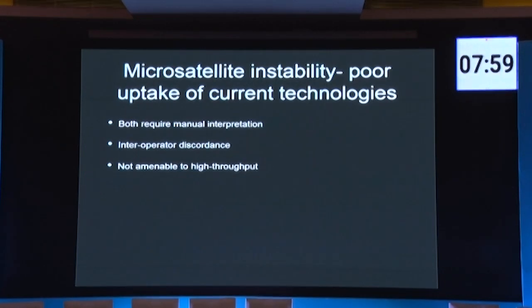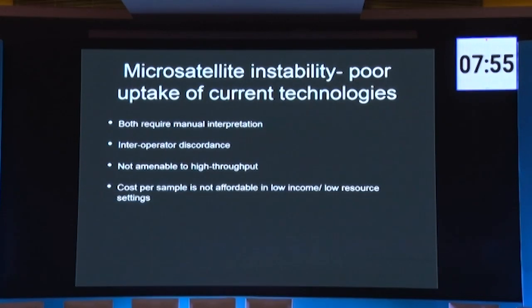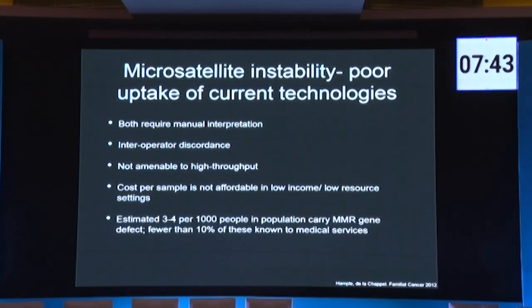Because of all of these issues, they're not amenable to high throughput, and because of that, your cost per sample is not affordable in low-income country settings like India or Indonesia or Philippines or Pakistan or whichever low middle-income country you can take. Now, it is estimated that currently there are 3 to 4 people per 1,000 in the population who carry mismatch repair gene defects, but less than 10% of those people are known to medical services.